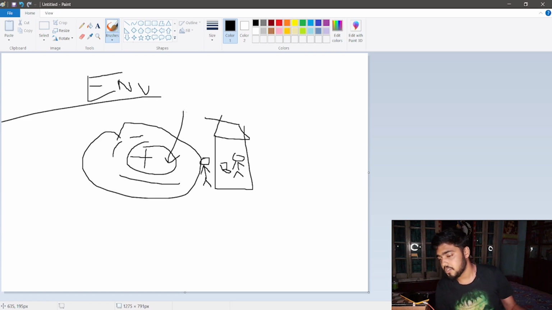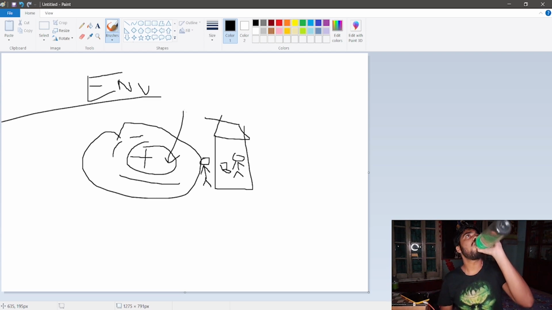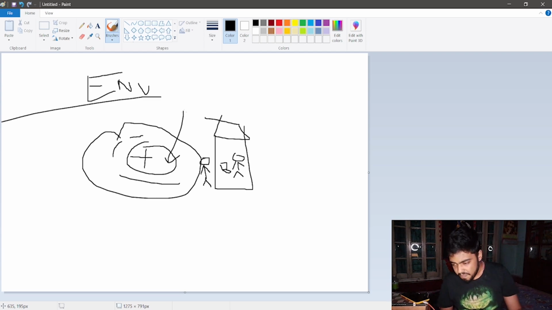Drink water at regular intervals, because that gives your body the replenishment it needs from sitting in one place for a long time.